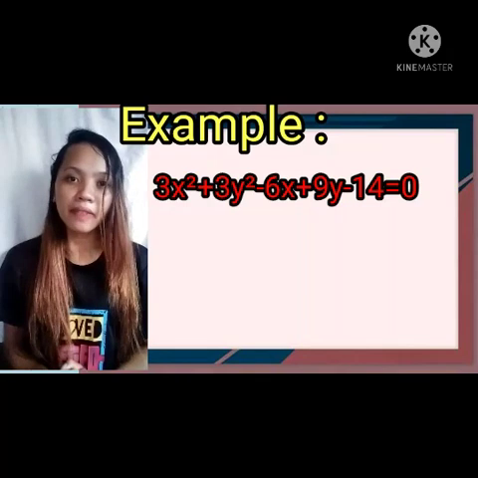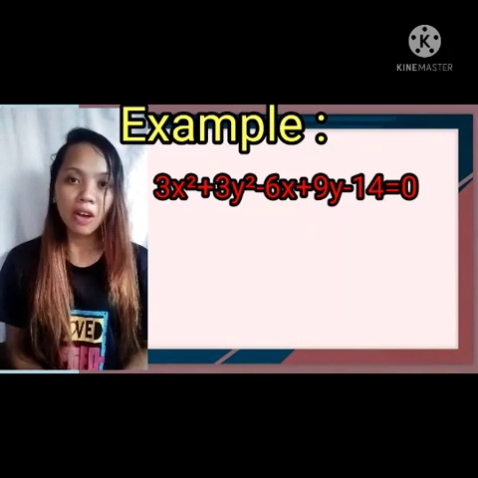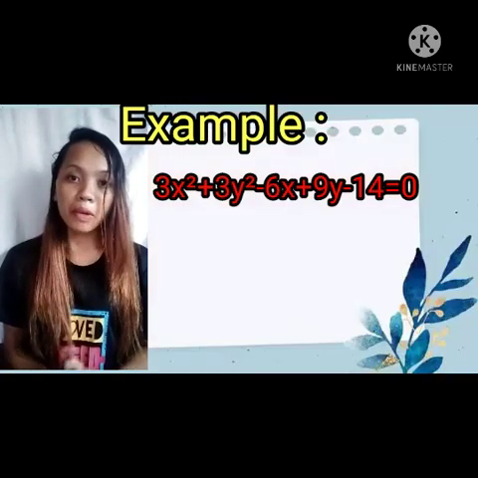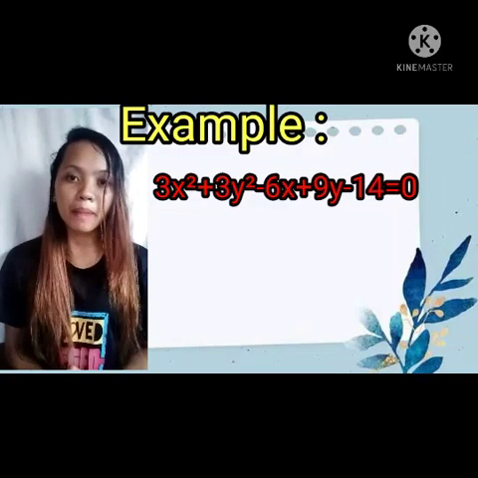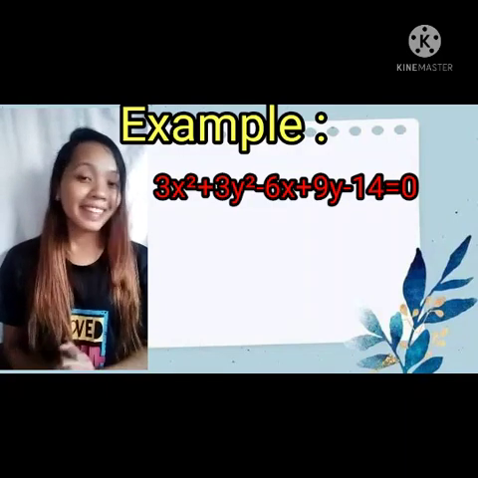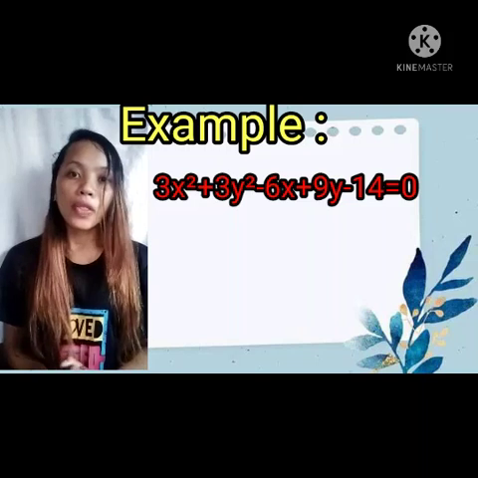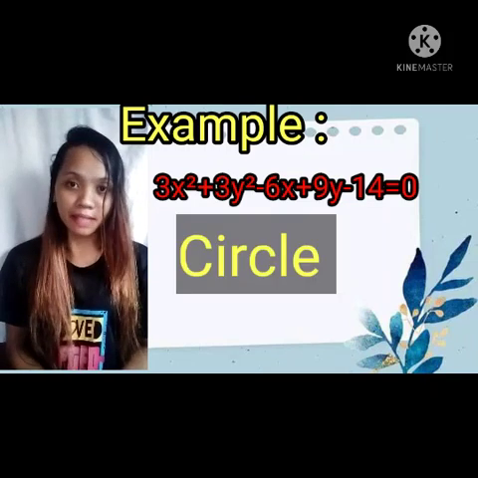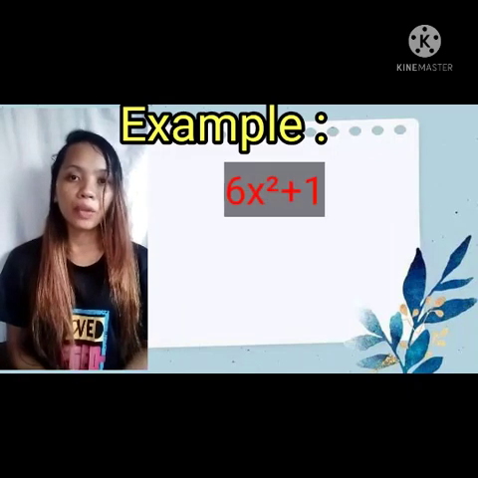Yes. So if yes, second question. Do the squared terms have opposite signs? No, because they are both positive. Are the squared terms multiplied by the same number? Yes, they are multiplied by the same number, and that is 3. Therefore, what is the answer? It is a circle.